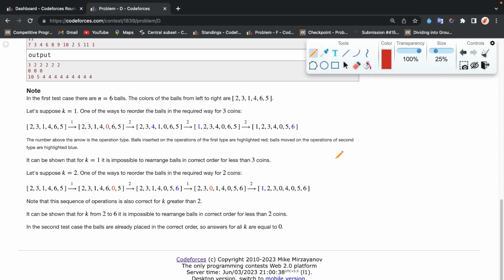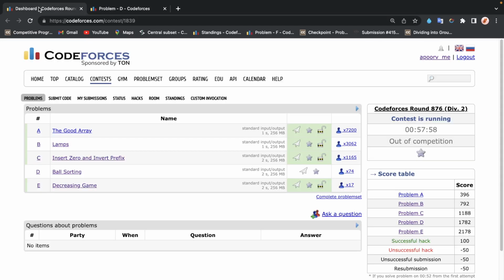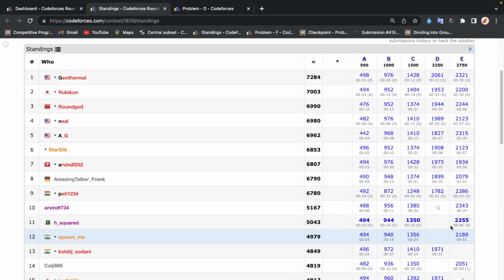Hmm. I legit don't know how to solve this problem. And this has so many submissions as well. I just want to look at my rank right now, where I feel good because I solved this pretty fast.